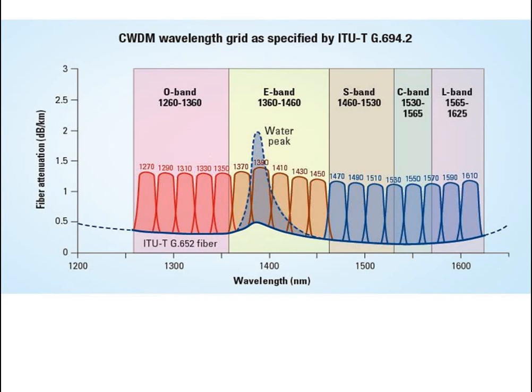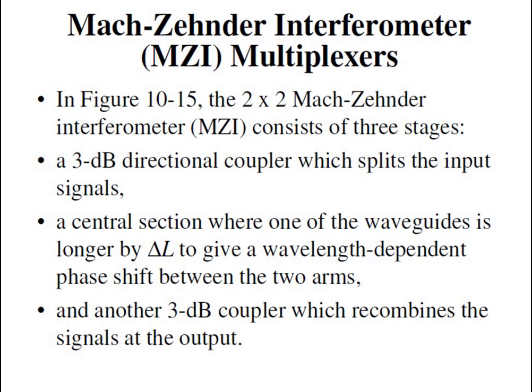The applications for G.694 cover all or part of the 1270 to 1610 nanometer range. The main deployments are for single mode fibers such as those specified in ITU-T recommendations G.652 and G.655. So that was about WDM standards.